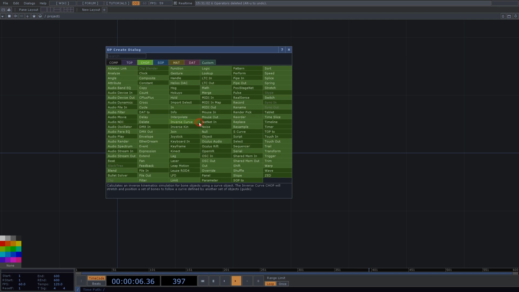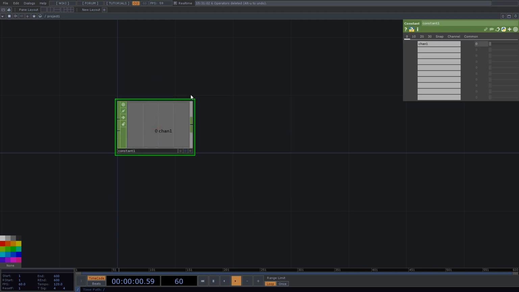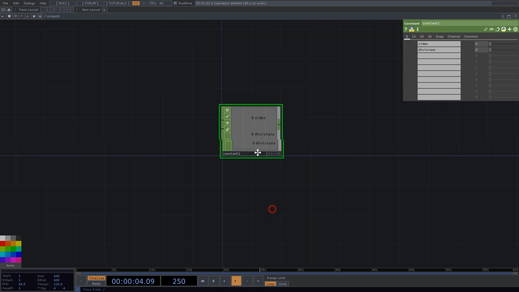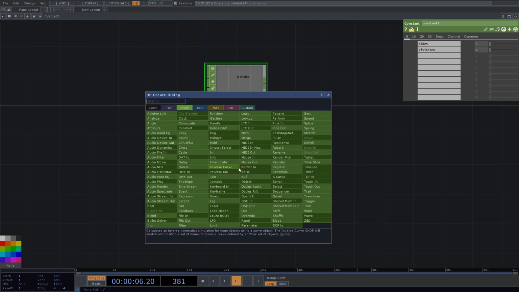And we need a constant CHOP. Okay, and here we need sides and divisions. Okay, and let's see a polygon.